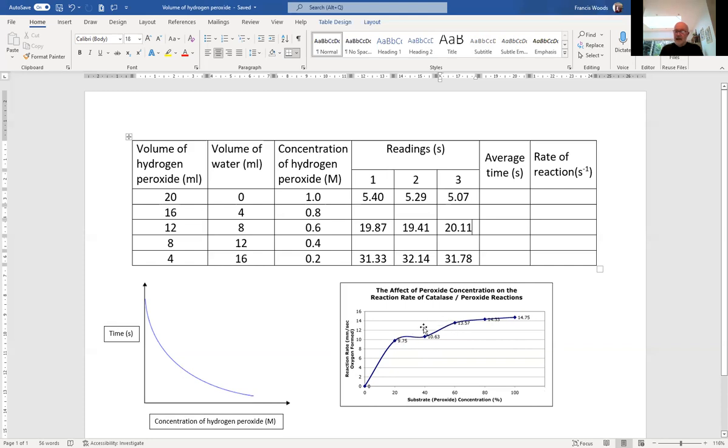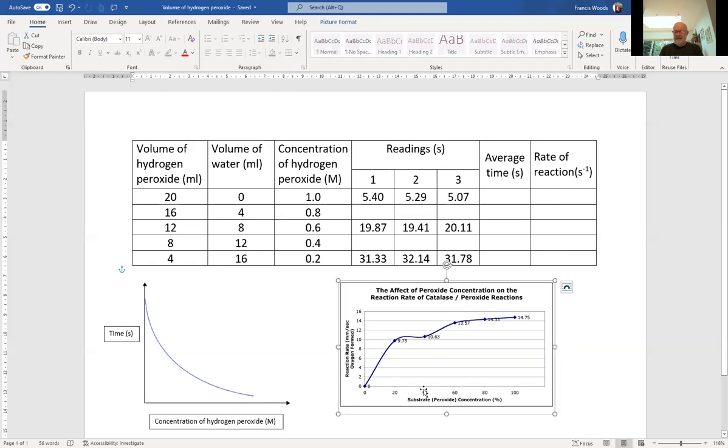Now, I can put a dotted line in there to join it up, and I would say, well, this particular result at 40, in this case it's percentage, but say this was 0.4 molar, then I can turn around and say, that's a possible anomalous result. And then I go and check the result. And if I could see that there was one result out, I would then comment on it in my analysis and say, it's obviously that reading 2 or 3 at that concentration is slightly out.